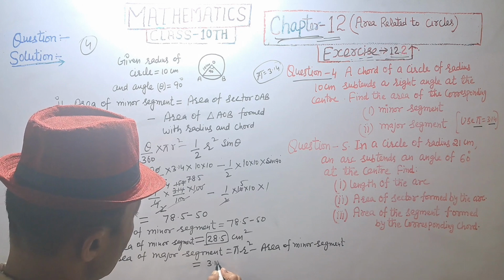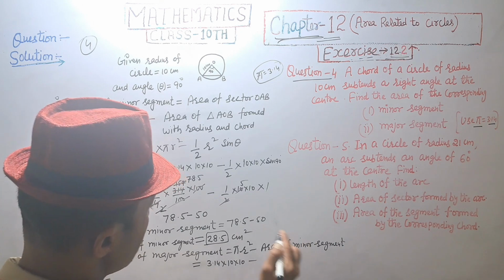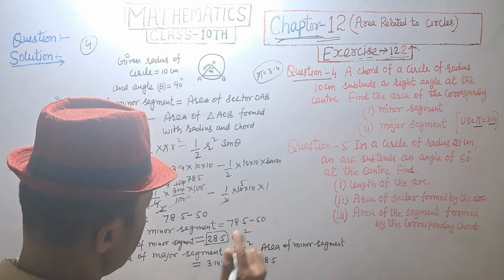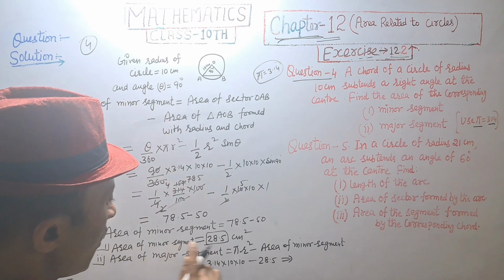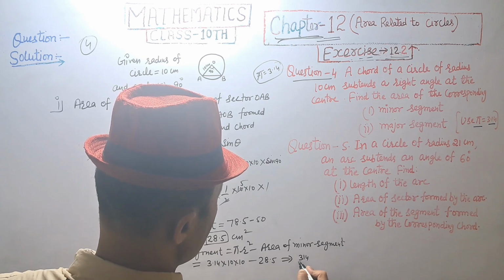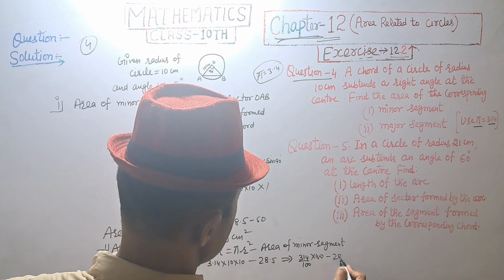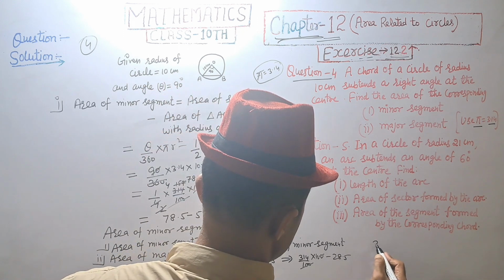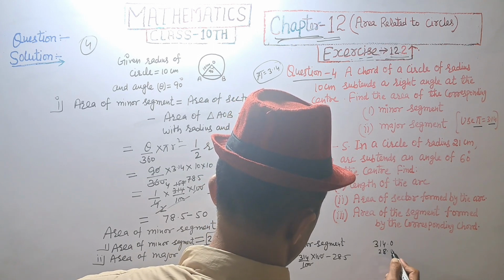Pi is 3.14 into radius 10 into 10, minus area of minor segment, we get 28.5 centimeter square. This implies area of major segment is equal to 314 upon 100 multiplied by 100, minus 28.5. This is cancelled and we get 314.0 minus 28.5.